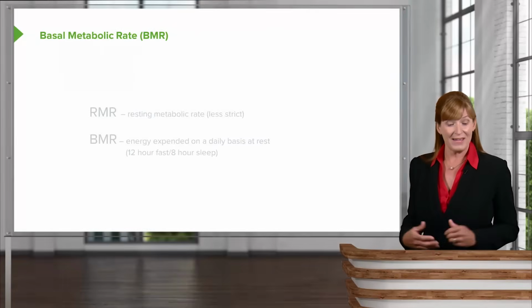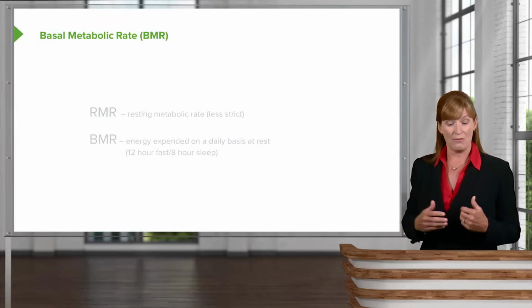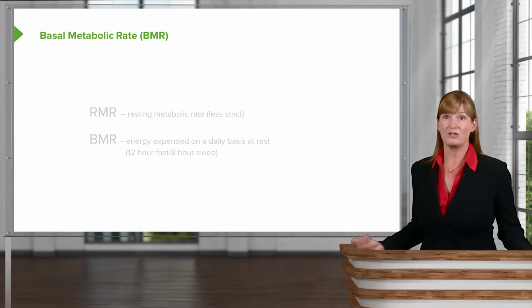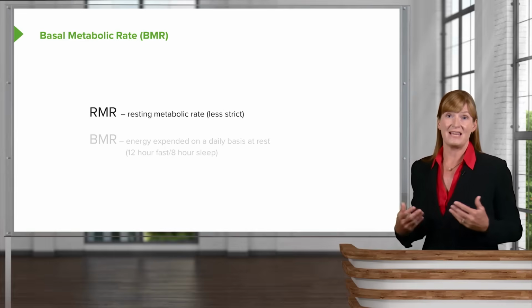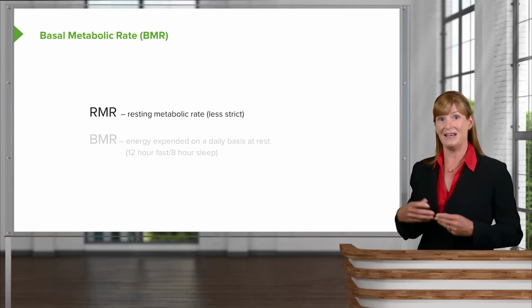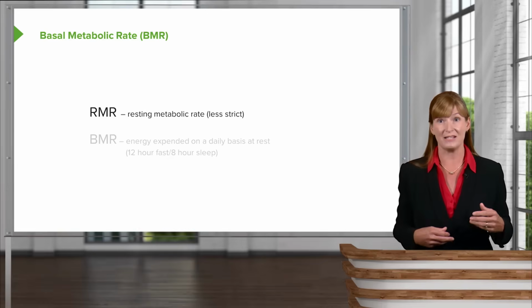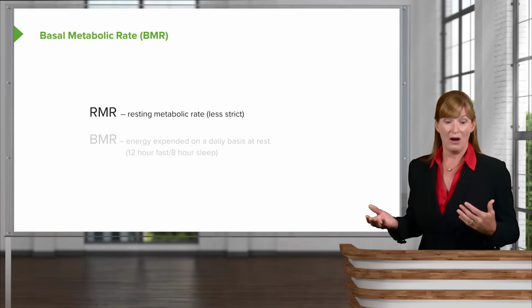So moving into looking at basal metabolic rate, most often we'll consider resting metabolic rate because it's a much more simple measurement to make. Resting metabolic rate doesn't take into account having to have 12 hours of fasting and necessitate 8 hours of sleep. It's a simple measurement taken upon waking and getting up.